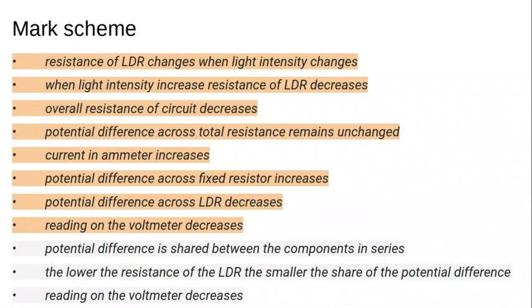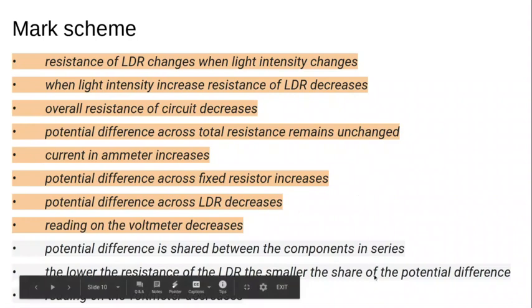Basically, the potential difference, or the voltage across the whole circuit, doesn't change. It changes across certain components, but across the whole circuit it is the same. The current in the ammeter increases. The potential difference across the fixed resistor increases. We know this because the potential difference across the LDR decreases. And because the potential difference across the LDR decreases, the reading on the voltmeter decreases.